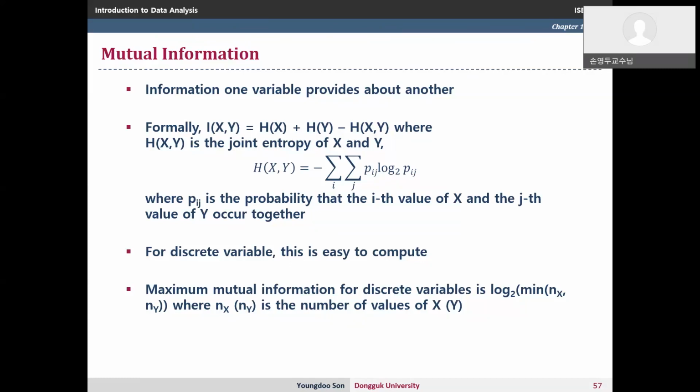The definition of mutual information, conceptually, is the information that one variable provides about another.